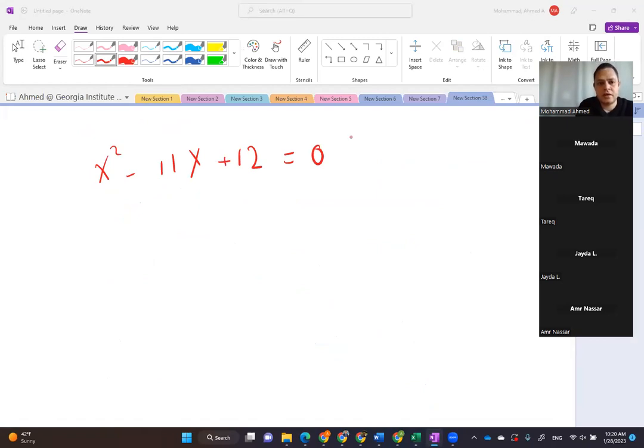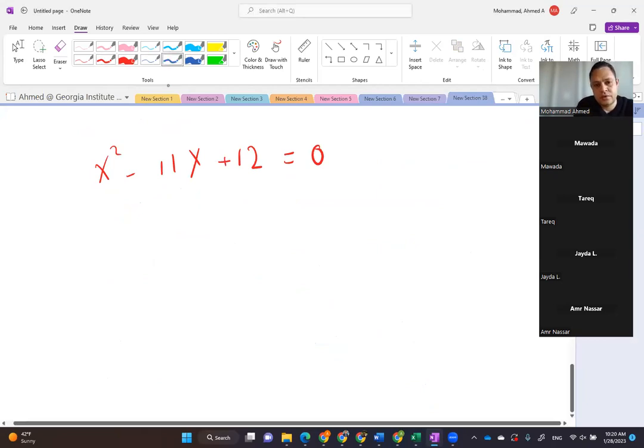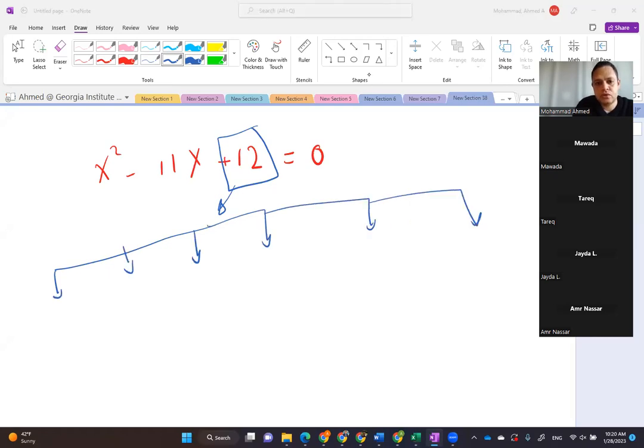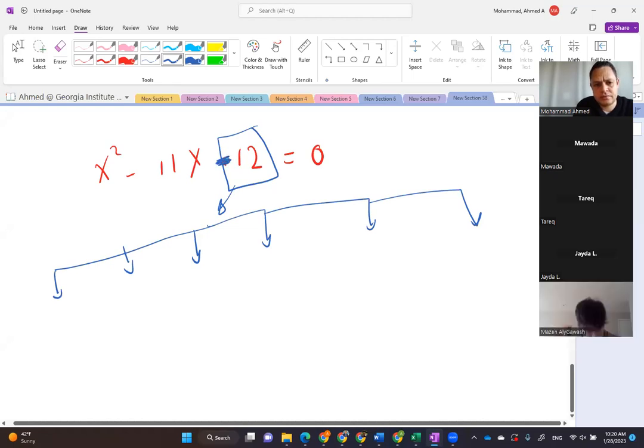So to answer this quadratic equation, you have to take the constant term, which is without x or x squared, and find all possible multiplications that give me this number. It's -12, not 12, sorry.